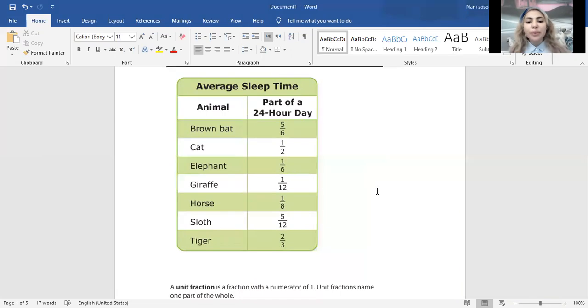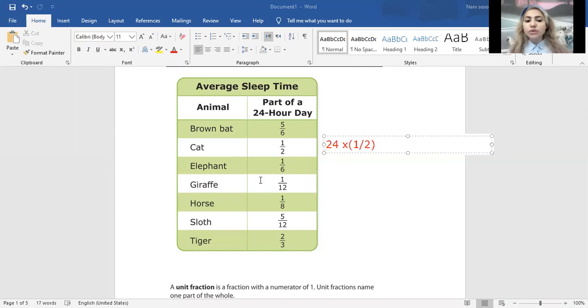So in the brown part, he sleeps 5 out of 6 of the 24. If I want to calculate it, I will multiply 5 out of 6 by 24. For the cat, I will multiply 24 by 1 out of 2.